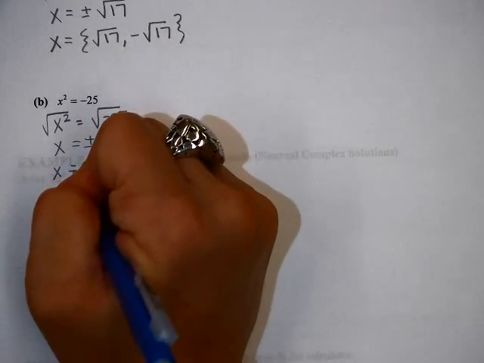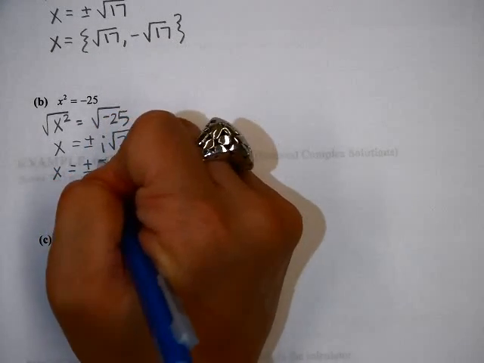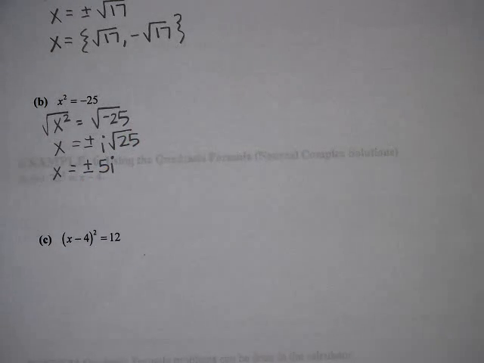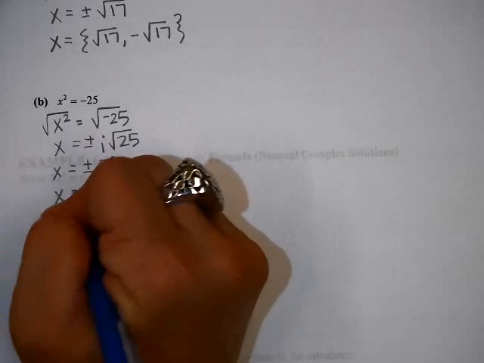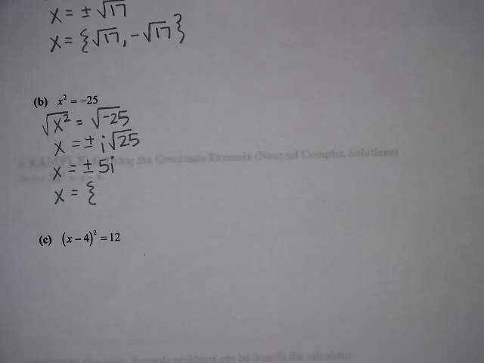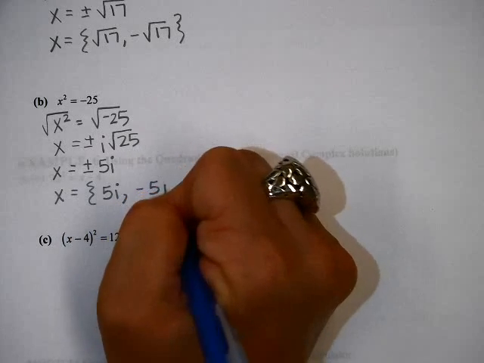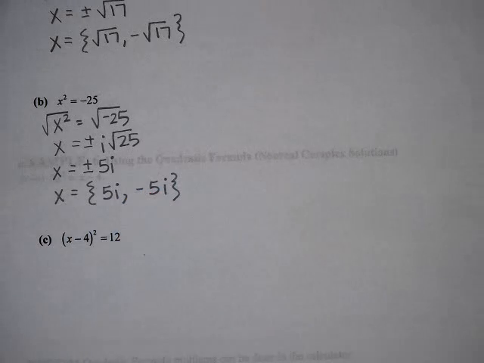So this is x equals plus or minus 5i. But again, keep in mind, when you write this answer in MyLabs Plus, it will be positive 5i, comma, negative 5i. You will want to separate those in MyLabs Plus.